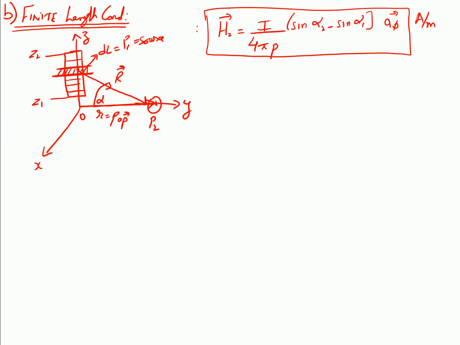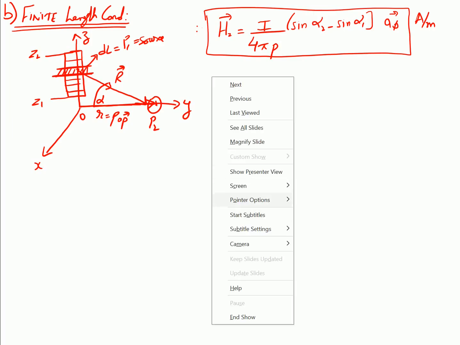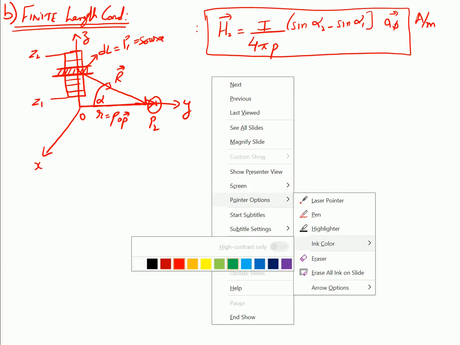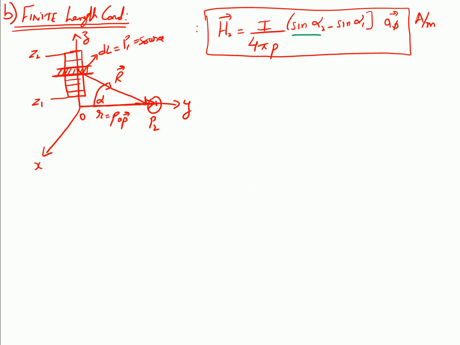Now, with this mathematical expression, we are introduced to two new things, alpha 2 and alpha 1. So where are alpha 1 and alpha 2? If we look at the conductor, we can see we introduced two variables z1 and z2, which will help us design these angles. So always take the value of 1 at the lower end of the conductor, which is z1, and the higher end is represented as z2.